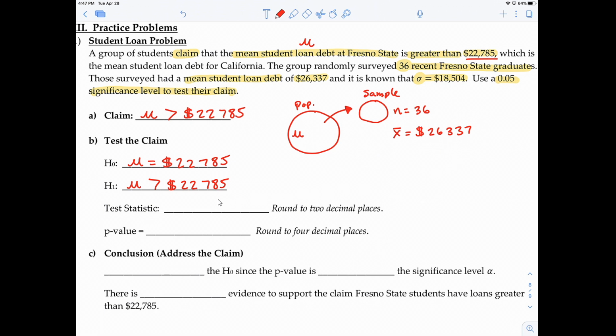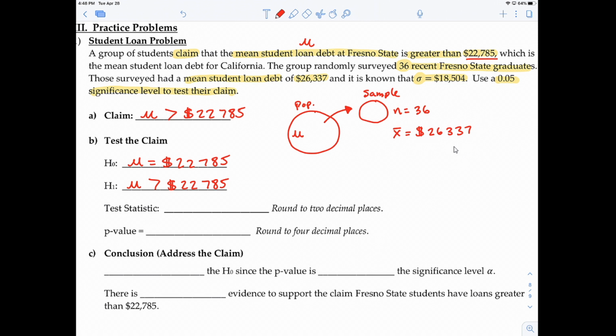So what the test statistic and the p-value look at is, well, what is the chance of getting this, or how extreme is this value, assuming that the null is true, assuming that we should get a mean of 22,785. How extreme is this, or what is the chance of getting that, right?